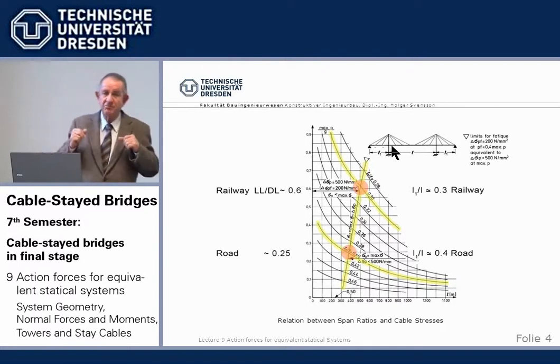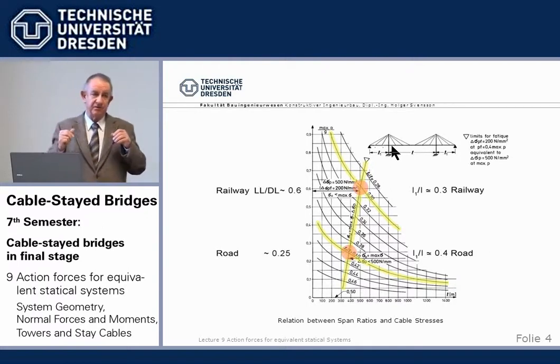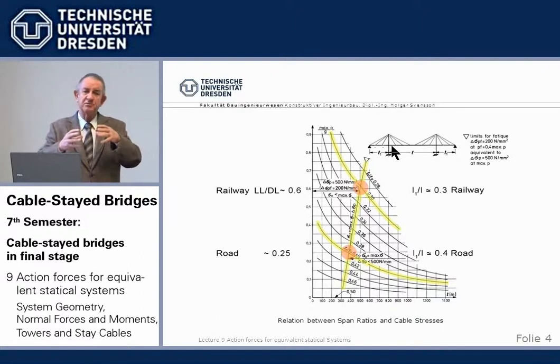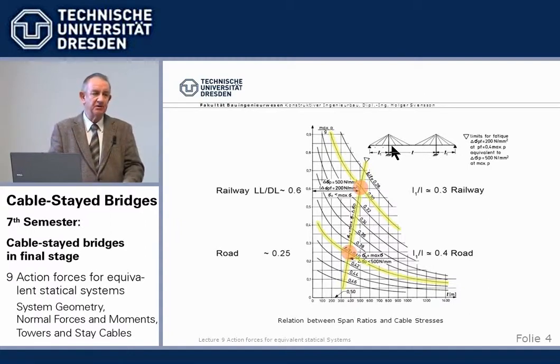And our aim is to find the span ratio which from maximum load gives us just such a cross-section that this cross-section is just able to take the fatigue loads. Normally we say 200 Newton per square millimeters. I have told you that.